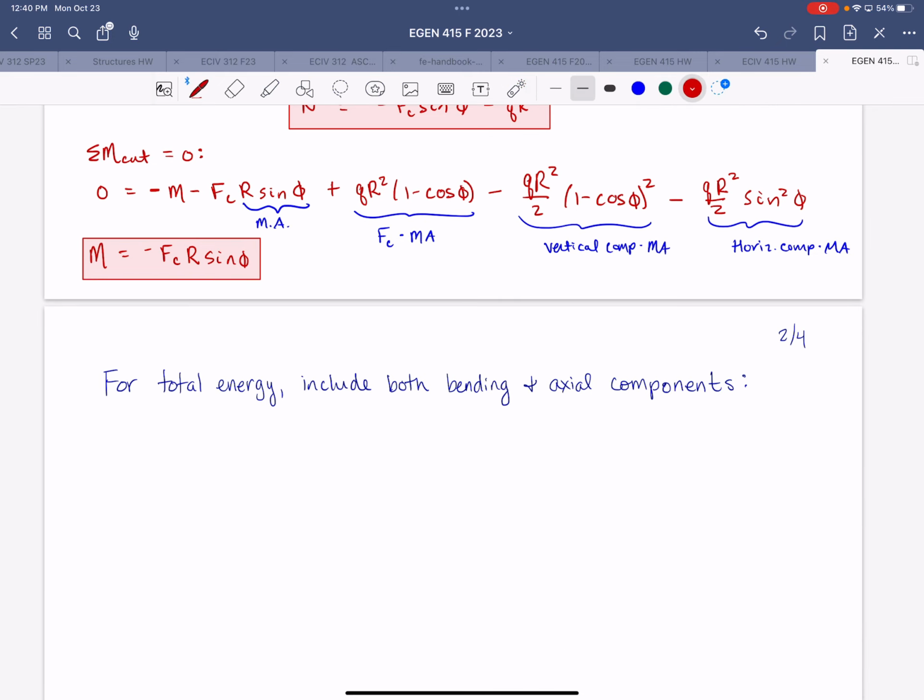All right, so again, for the total energy, we need to include both bending and axial components. And again, I will emphasize that normally we can neglect it, but not this time.